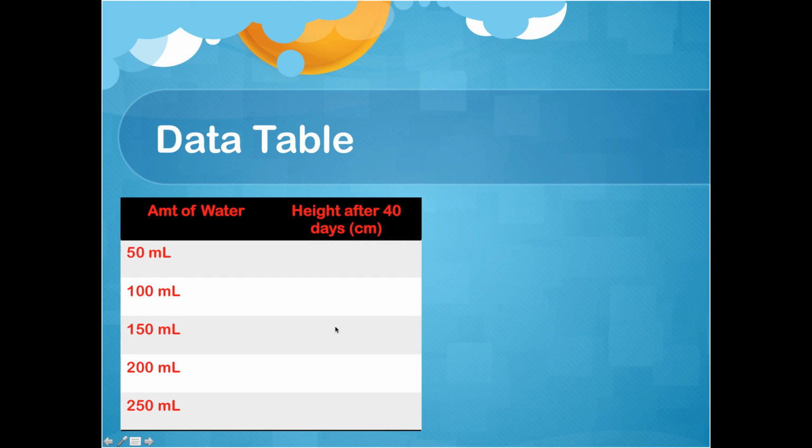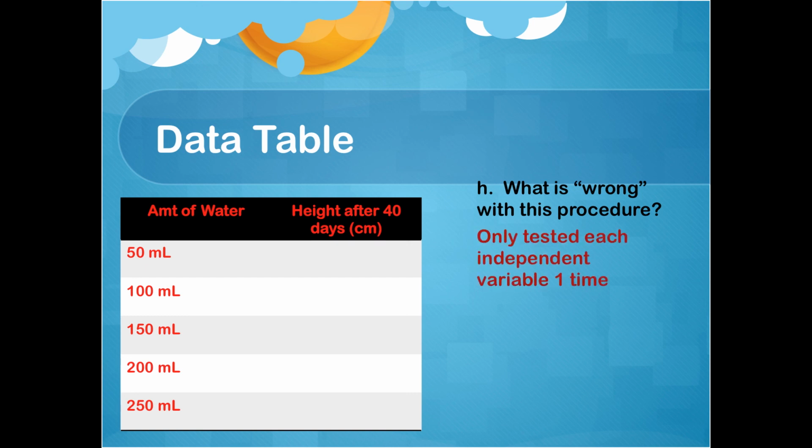Now, you might notice that when I set up my data table, I only put one place for filling in height after 40 days. And so if you think about, well, what might be wrong with this procedure? Because remember, one of our 5 parts of a good procedure said to retest them 2 or 3 times. So maybe that's something that you think, oh, wait, that's bad. We only tested the independent variable 1 time. But remember that the thing we're measuring, so why is that okay for this experiment?